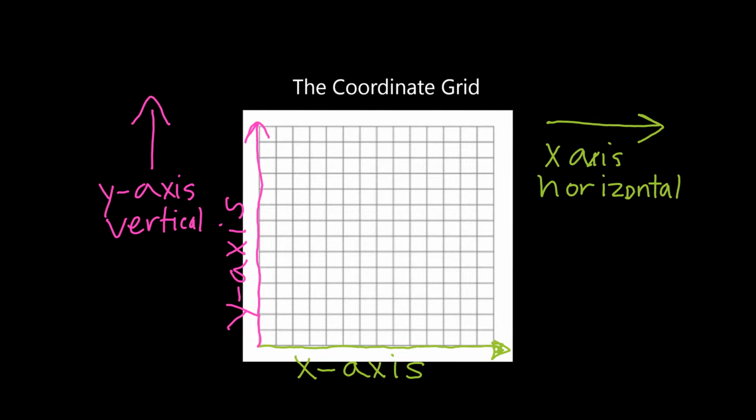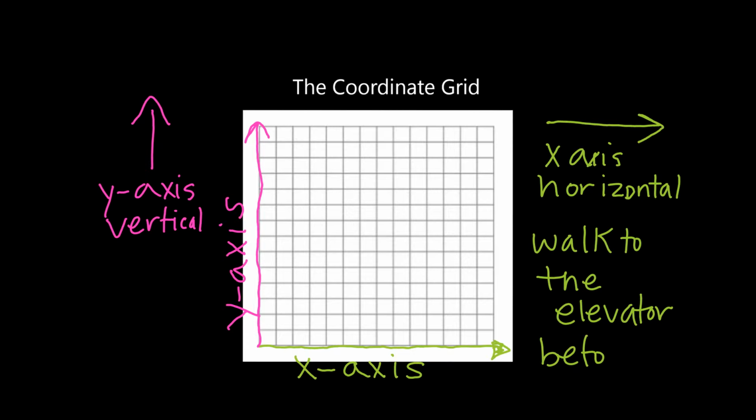Now, a good way to remember which way our x-axis and our y-axis go is we have a little saying. We say we always walk to the elevator before we go up the elevator.